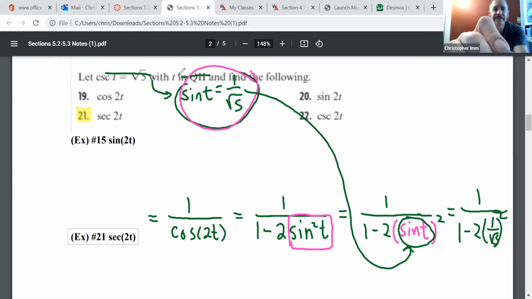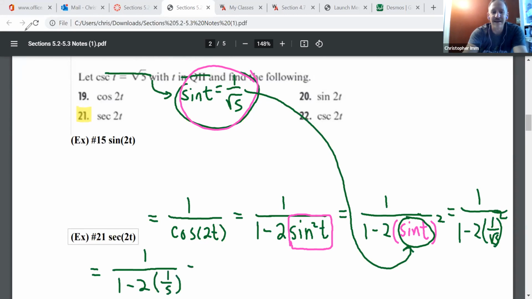So that's going to equal 1 over 1 minus 2 times 1 squared is 1 and root 5 squared is 5, right? So 1 over 1 minus 2/5. But we need a common denominator there, so I will go ahead and multiply this by 5 over 5.